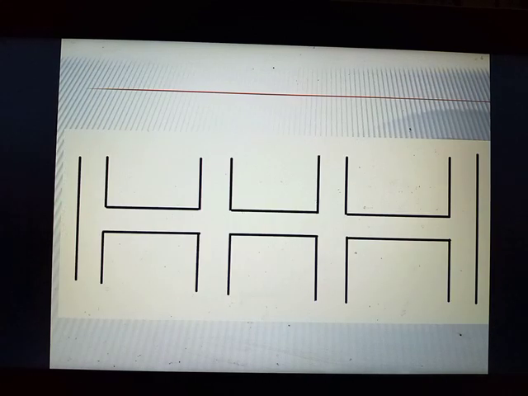Okay? So to clarify all those terms, let us consider this drawing. As we can see, this drawing is composed of columns and beams.